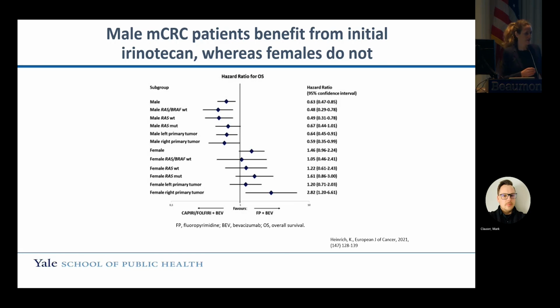On the left side of this diagram, you can see there is a better survival for male patients that received the combination treatment, whereas females actually did a lot worse, and they were better off with the original 5-fluorouracil and bevacizumab treatment. So you can see there are differences just by sex of the patient, again, in how they respond to treatments. But typically, sex isn't really looked at when prescribing a drug for cancer, to my knowledge, in colorectal cancer. But I think this is very important to look into as well.